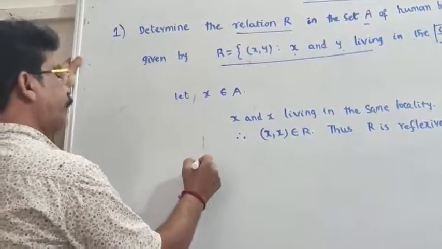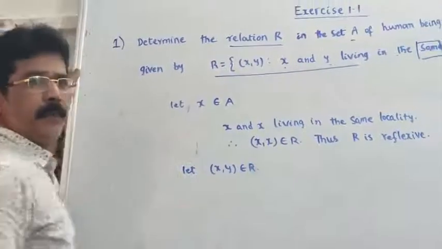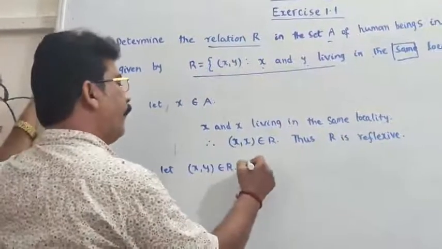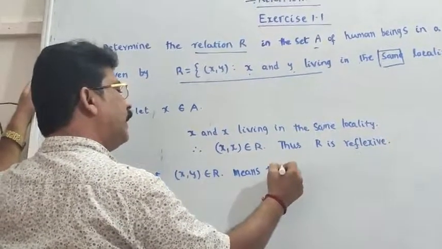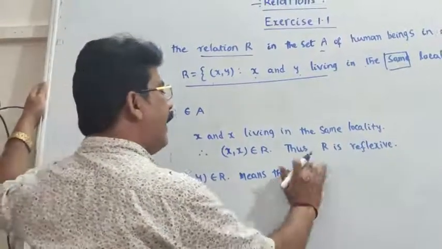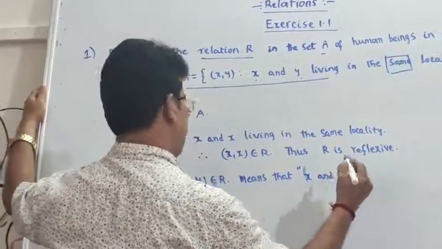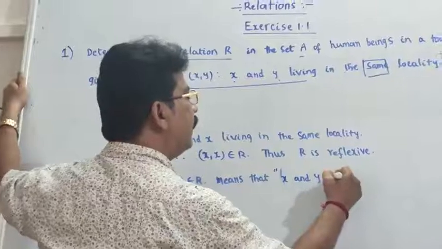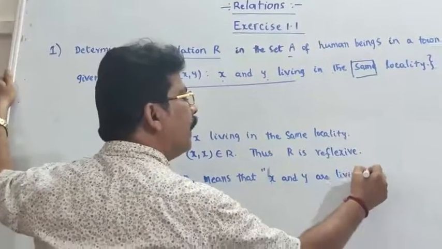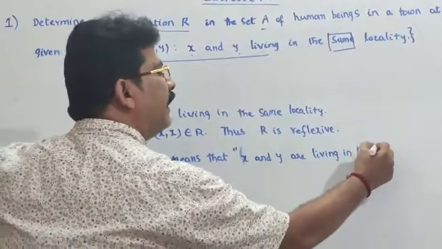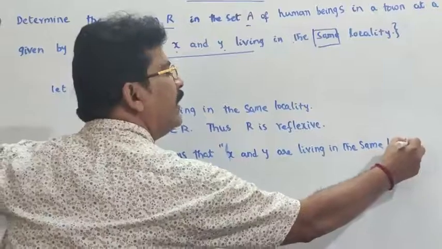Let X comma Y belong to capital R, which means that X and Y are living in the same locality.